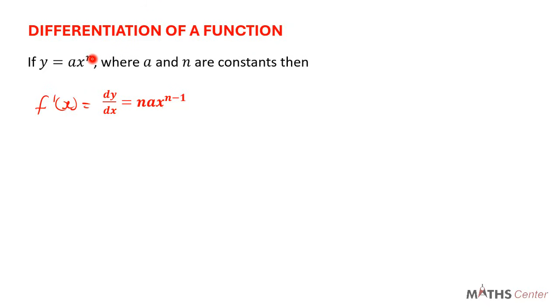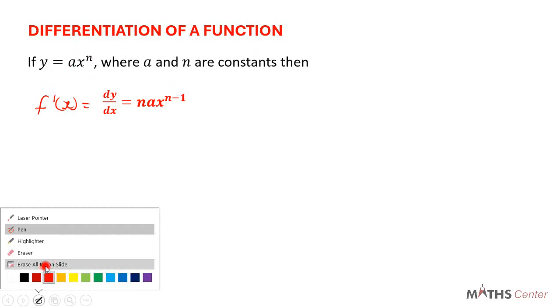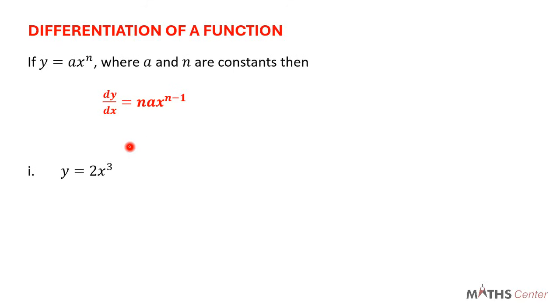The exponent n will drop and multiply ax, and then you reduce the exponent n by 1. Let's apply this to a few examples here. So let's say we have y is equal to 2x exponent 3.